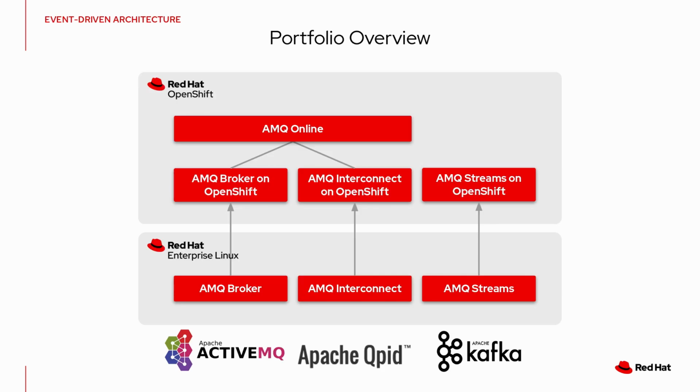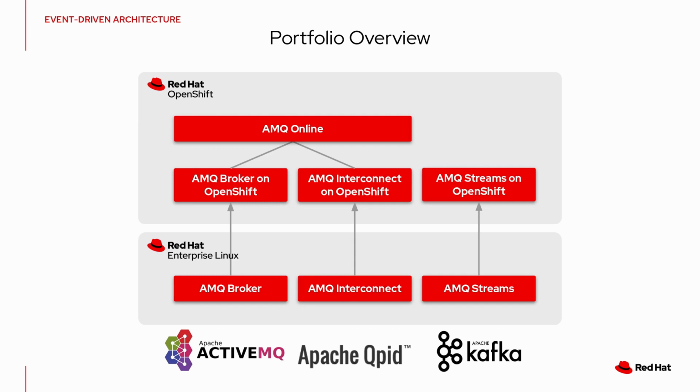So if we look at this event-driven and messaging portfolio, we have a number of components here. First we have our AMQ broker, which is a traditional message broker that you can leverage to send messages and to create the queues and topics and to integrate applications using this message-driven middleware. The second one is AMQ interconnect, which is basically a messages routing layer.